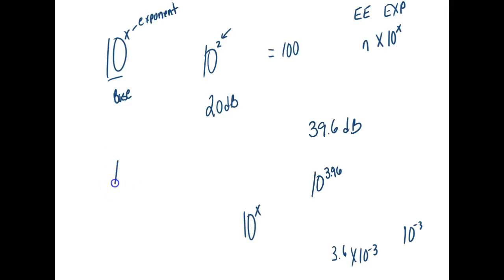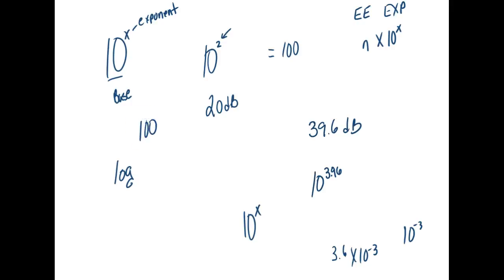So when you hit the log key on your calculator, what does it give you? If you've got it set for common log, what does that give you? So let's say 100.